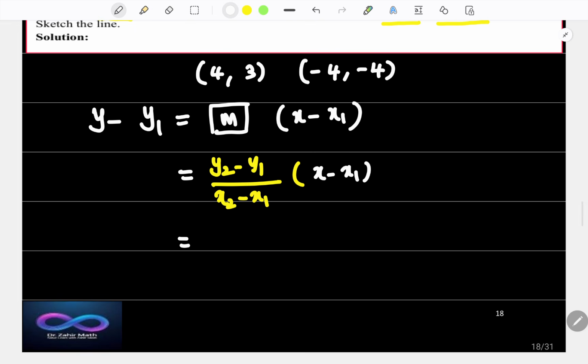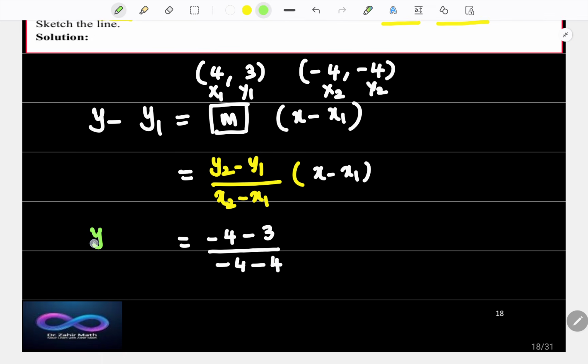This is your x1 and this is your y1. This is your x2 and this is your y2. Clear? y2 minus y1: minus 4 minus y1, divided by x2 minus x1. What is x2? Minus 4 minus 4. Clear everybody? Right. So first you do this one and then you do the remaining things afterwards.